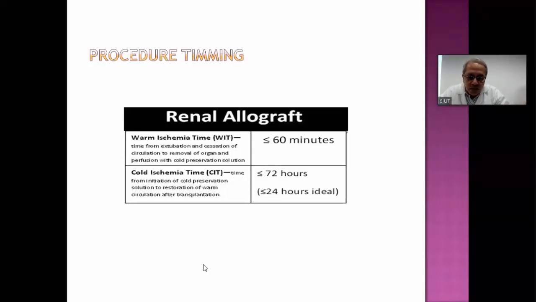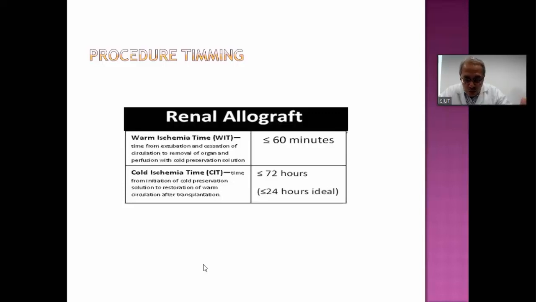Why is this important? Because the whole success of the surgical aspect of transplantation depends upon the ischemia time. The longer the ischemia time, the greater will be the acute tubular necrosis, and the longer the kidney will take to return to producing urine.